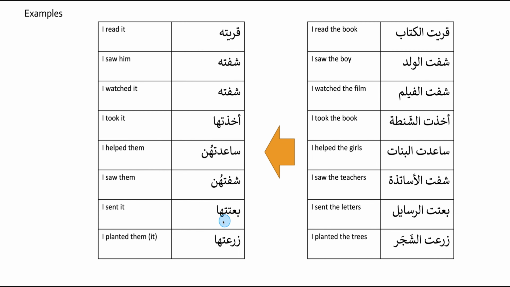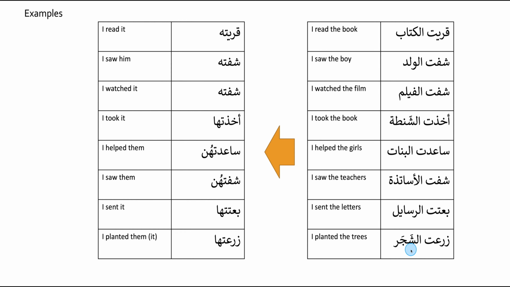You wouldn't say بعتتهن, you would say بعتتها. However, note, in dialect, the majority of people tend to make mistakes and they tend to use hon for inanimate plural objects. So you would hear sometimes people say بعتتهن, I sent them. But in fact, you should say بعتتها, I sent it. So that's the correct way of saying it.